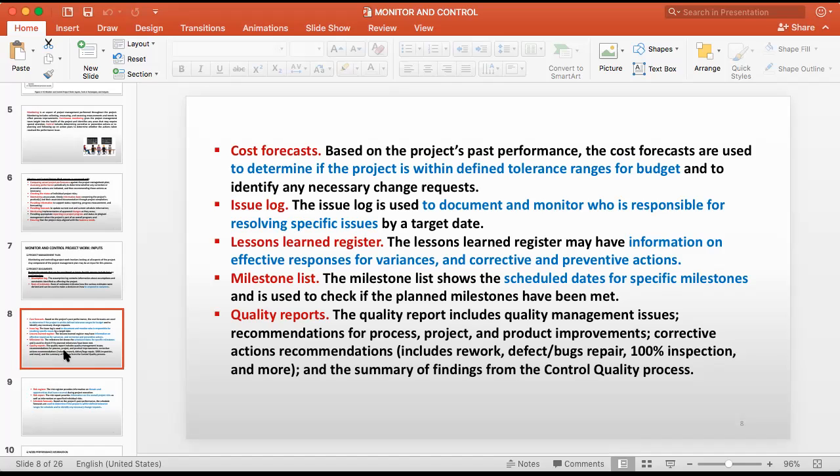Issue log. The issue log is used to document and monitor who is responsible for resolving specific issues by a target date. The issue log can identify the issues and the person who handled them. So it is a very comprehensive thing, because the project manager knows to communicate with the right person, because we have identified it and it is already communicated to that particular person.